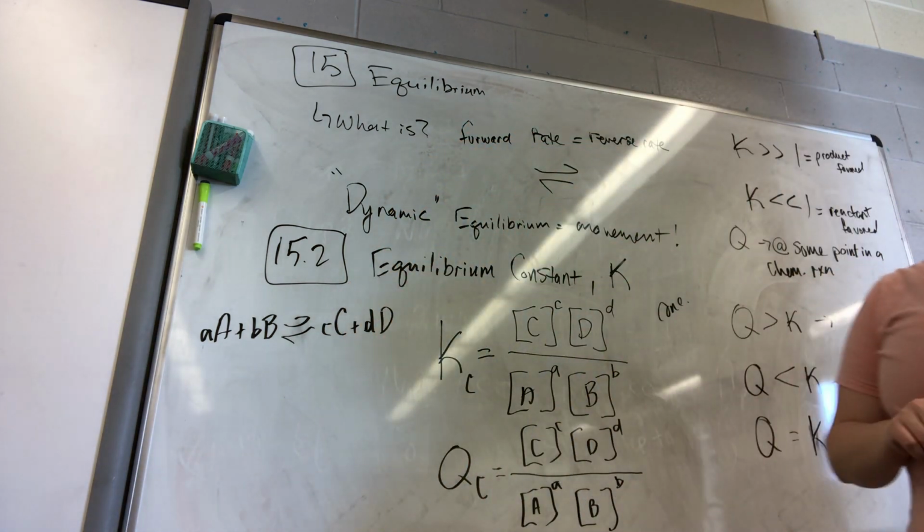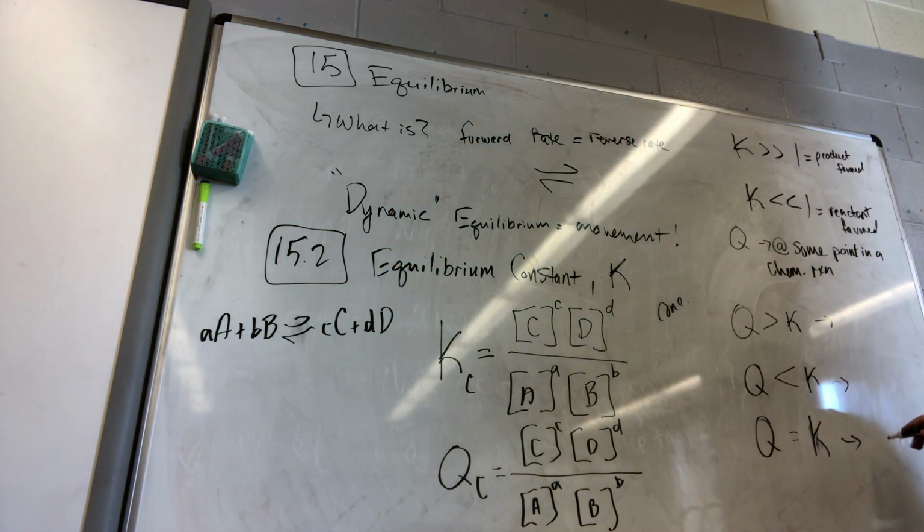What does it mean if Q is equal to K? That we are already at equilibrium. What does it mean if Q is greater than K? Shift to the left. It means that the reaction must form reactants.